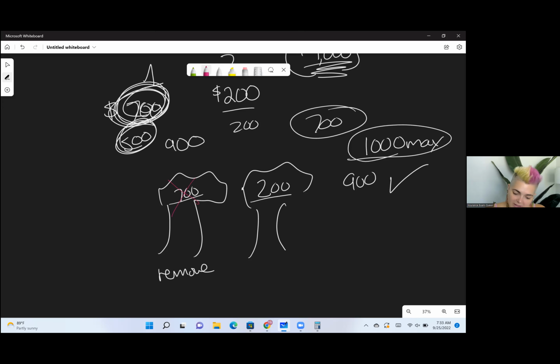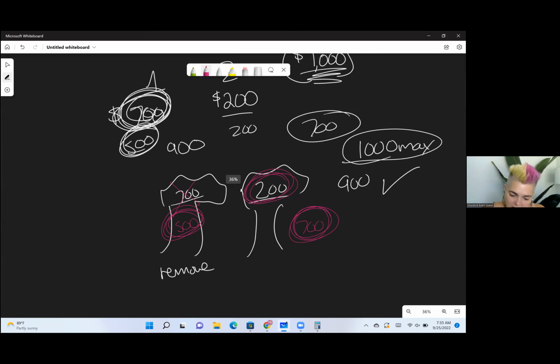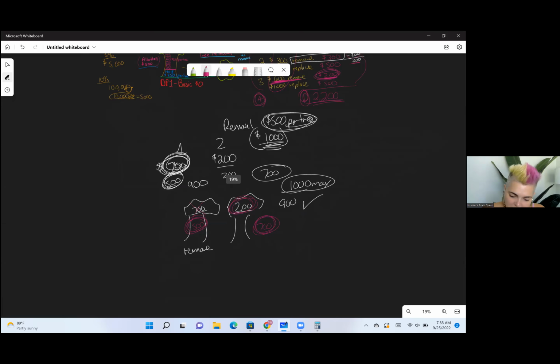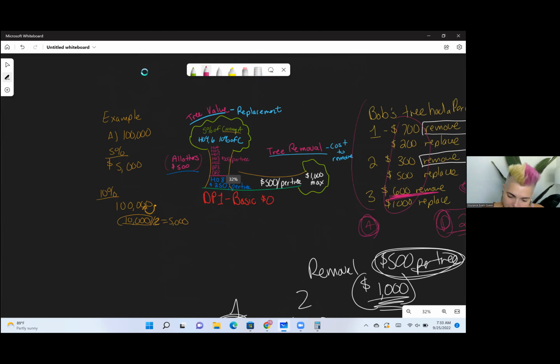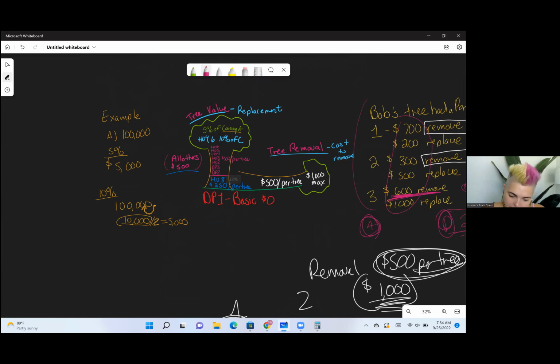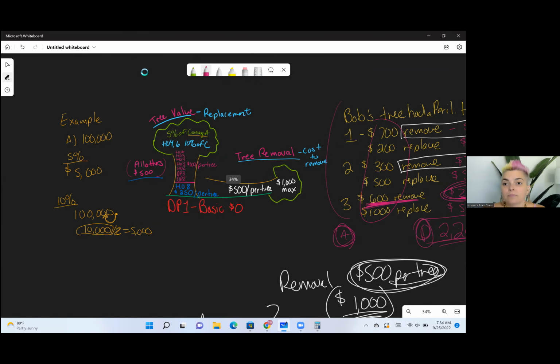You cannot spend 700 on removal. You only get 500. So it's going to be 500 plus 200 for a total of 700 would be your final answer. So you have to look at per tree and the total at the same time. Okay. All right. Any questions on our tree remover chart, or the math or anything like that?